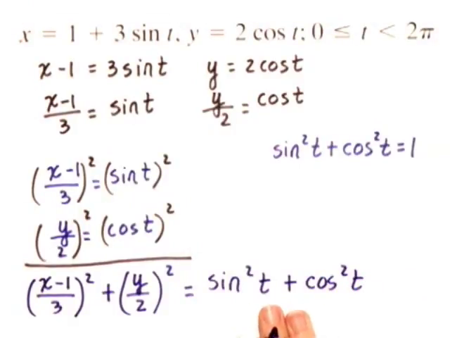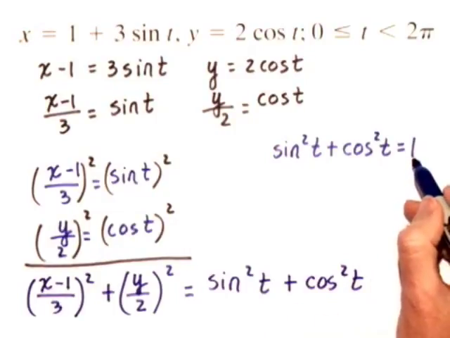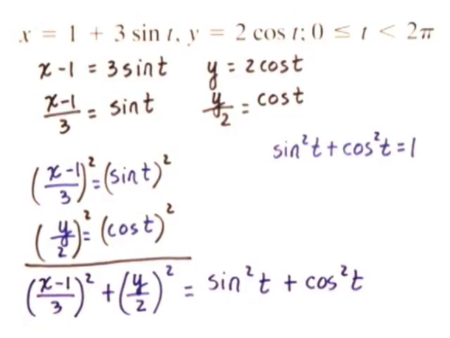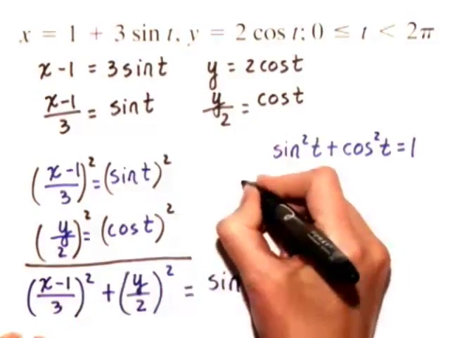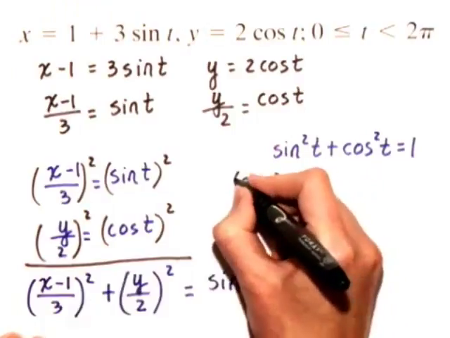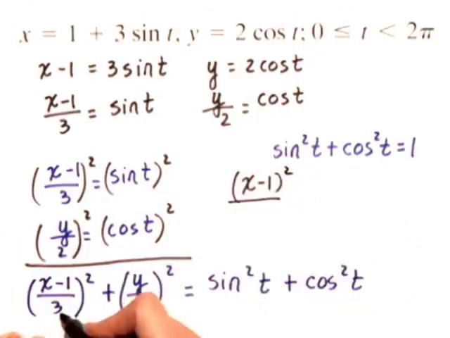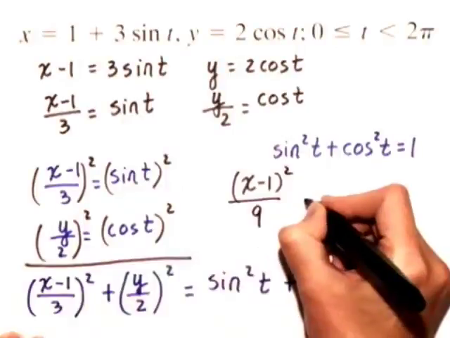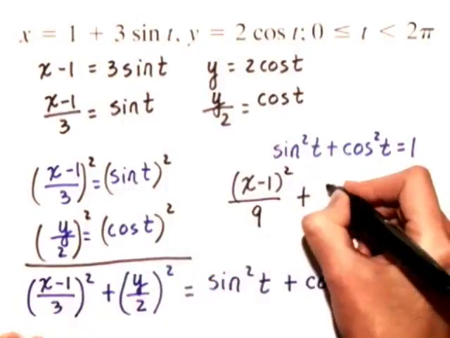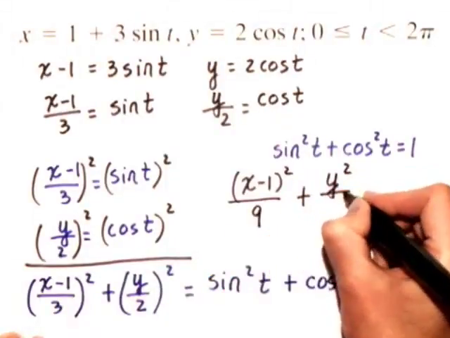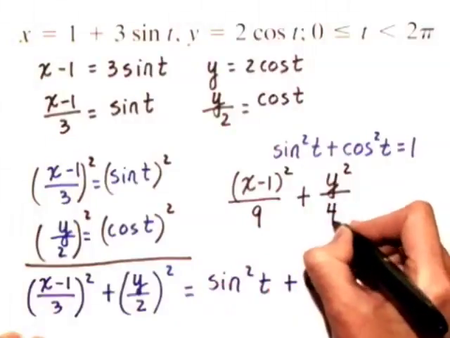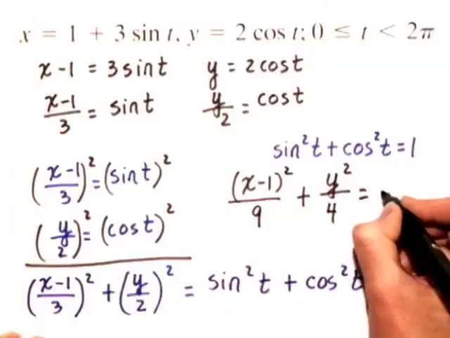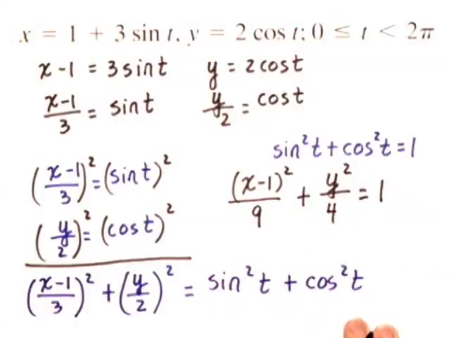But notice sine squared t plus cosine squared t is just 1. So now I can identify this equation. On the left-hand side, I'm going to write the x minus 1 in the numerator squared over 3 squared, which is 9. Plus, for my second term, I have y squared in the numerator over 2 squared, which is 4, and that's equal to, we just said, 1.